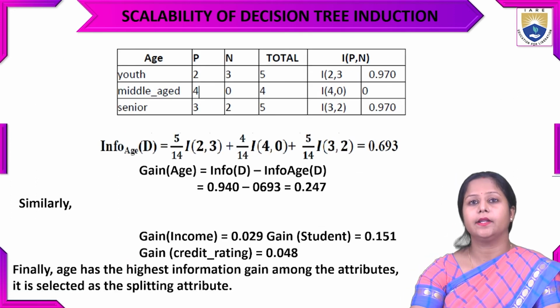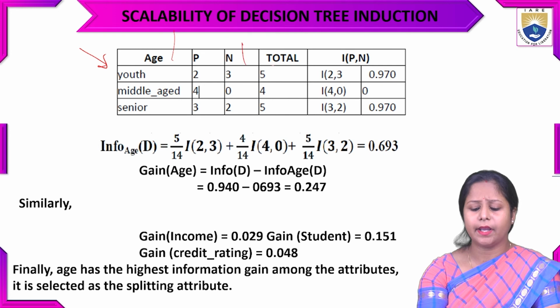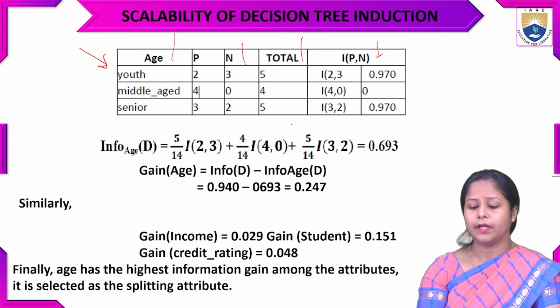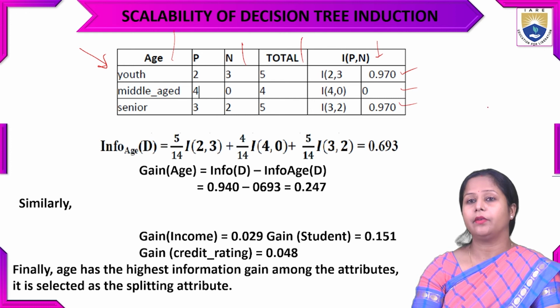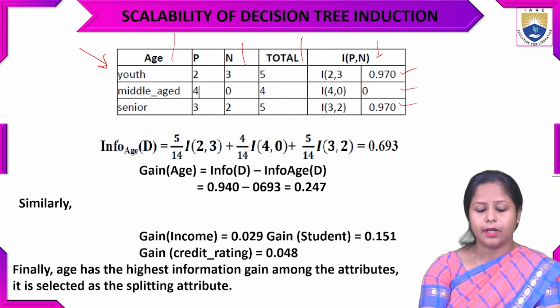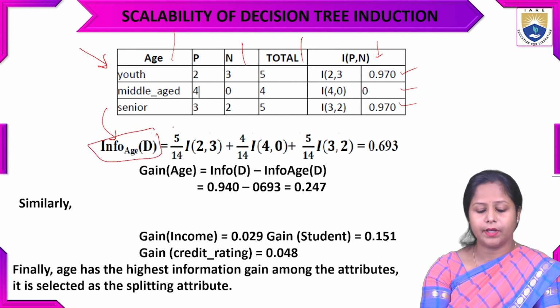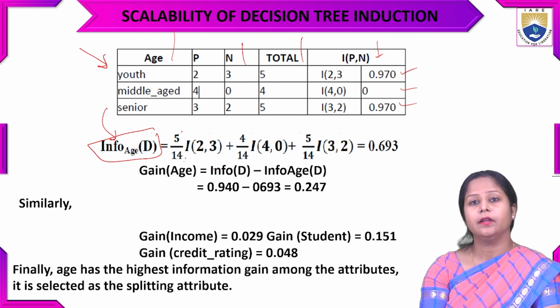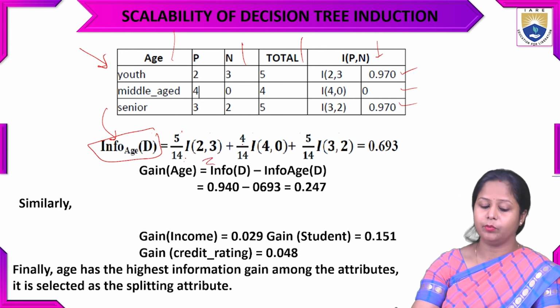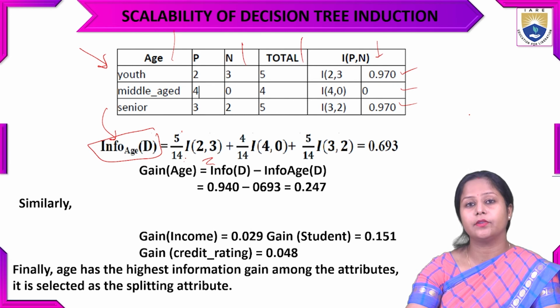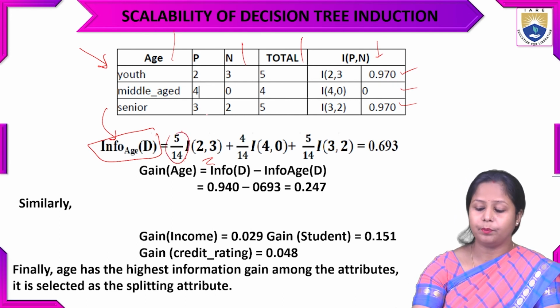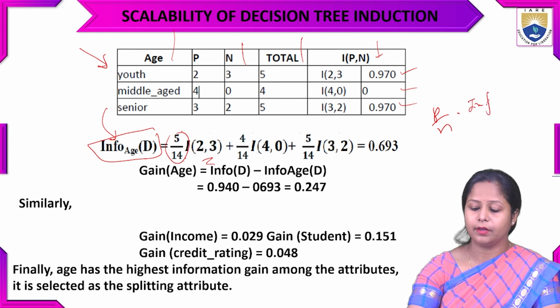Here we get the next table, in which we have age, P, N and total, and I of P, N, with the same values we took in the earlier slide. So again we will calculate the info of age for D. To calculate this, we have 5 upon 14 of I of 2, 3. That is the formula: to calculate the info of age of D, we calculate P upon total into the info gain of the earlier node.